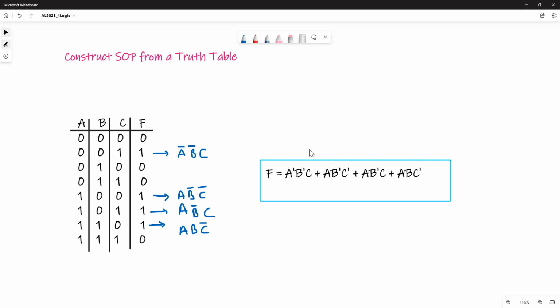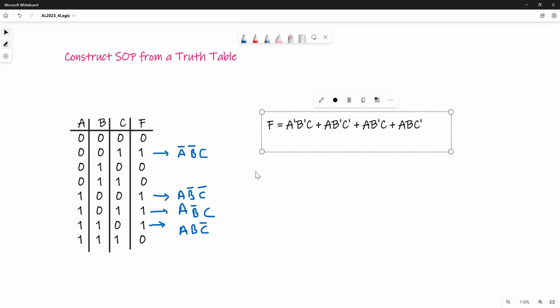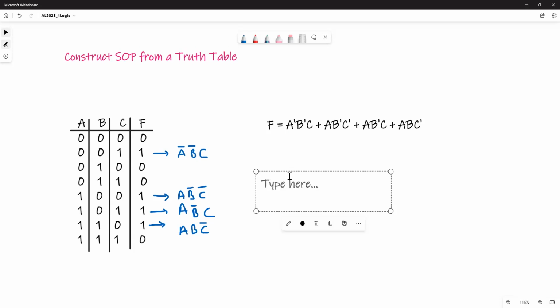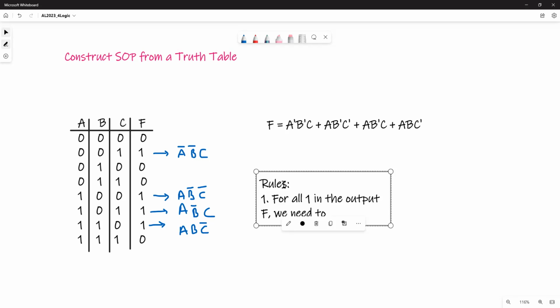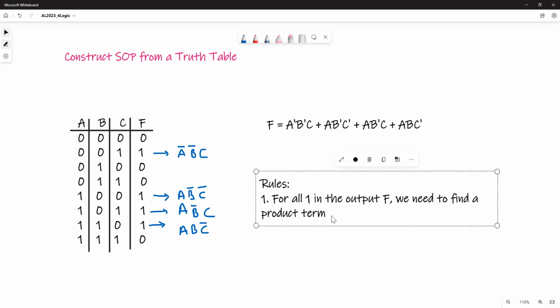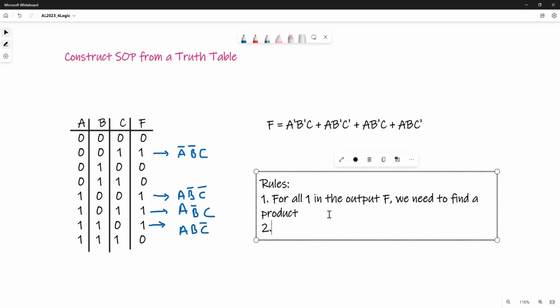So the rules, let's write them down. The first one: for all ones in the output, we need to find a product.